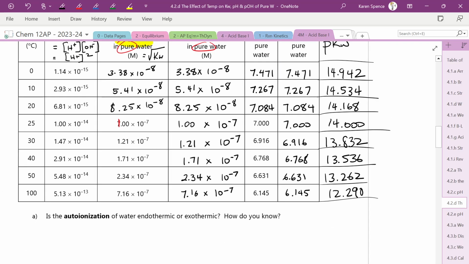So taking a look then at all your Kws and your hydrogen ion concentrations, et cetera, if you look at that data, you should be able to tell me and tell your partner if the autoionization of water is endothermic or exothermic. Think that one through.